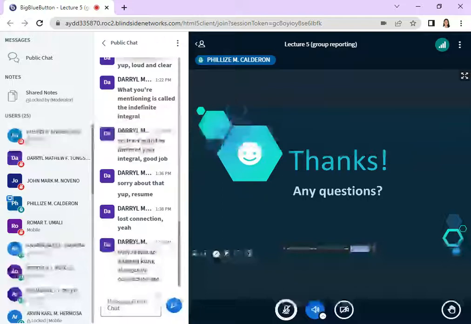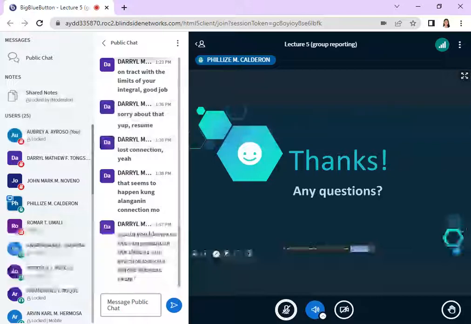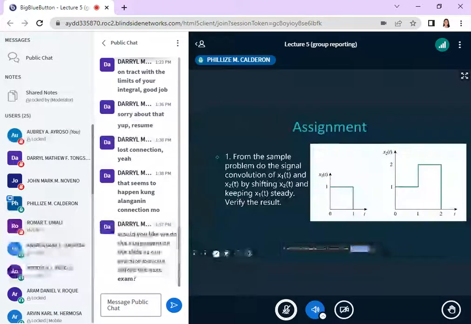Wala po ba? In case po na wala, may papa-activity po sana kami. Okay, ito po. Paki-picture na lang po. Papa-activity namin siya. Ito yung na-discuss na rin po.